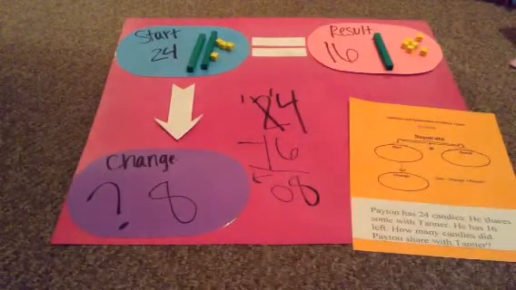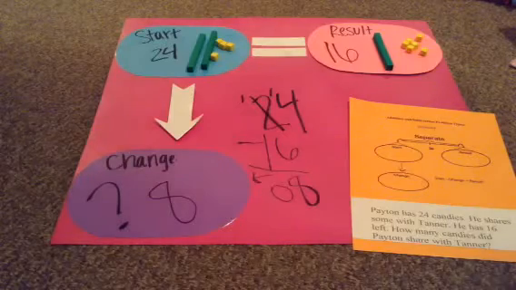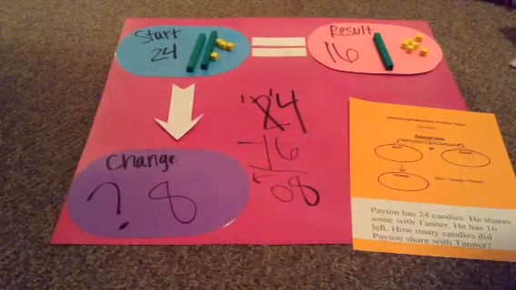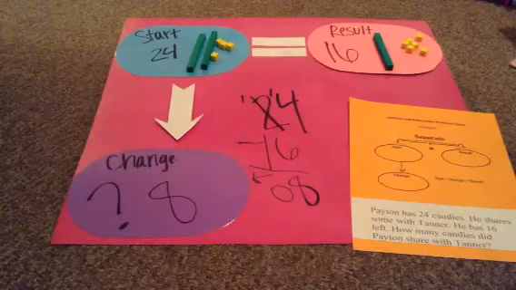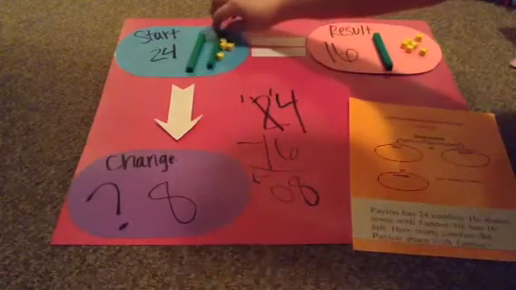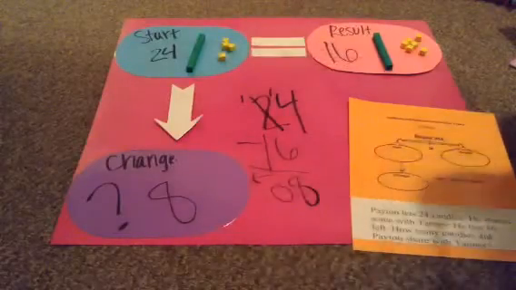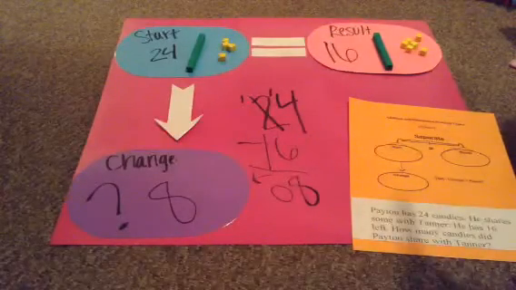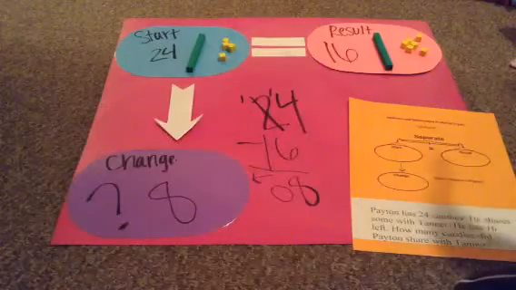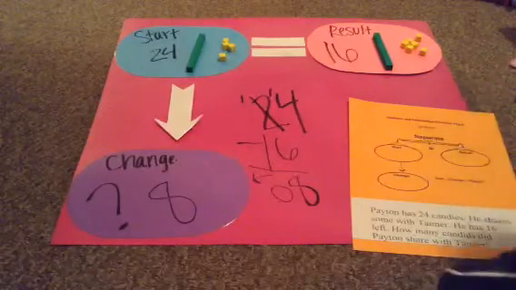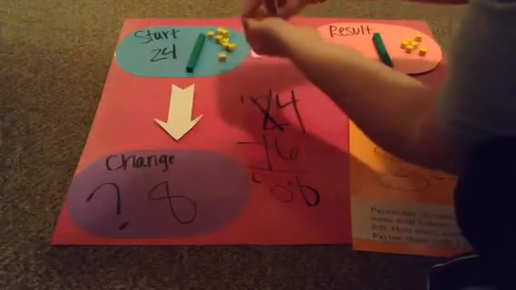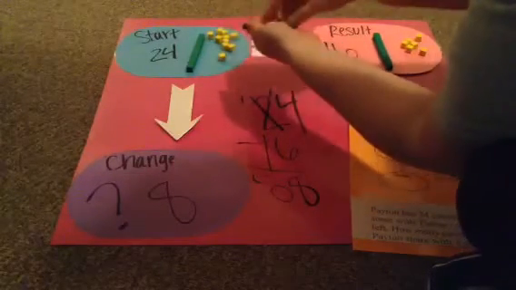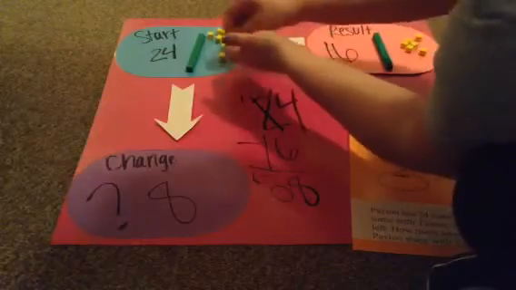So can we take 8 away from 24? No, we can't, because 4 isn't enough to take away 8. So we need to regroup one of these 10s into 10 units, okay? So let me grab some of those, and we'll put them back on our mat. 1, 2, 3, 4, 5, 6, 7, 8, 9, 10.